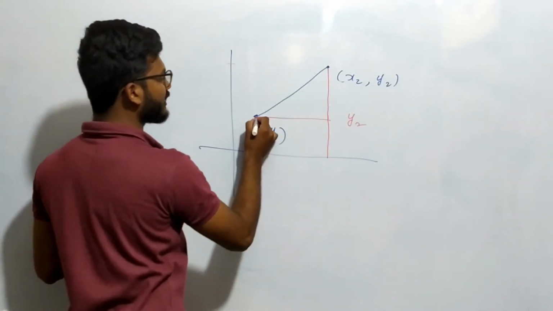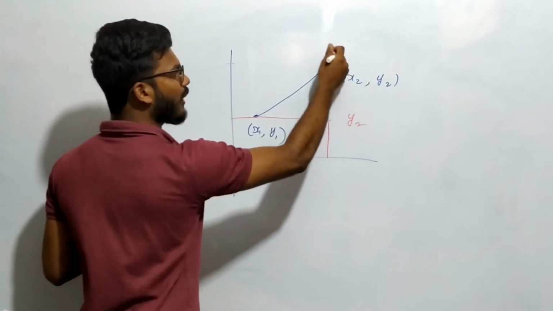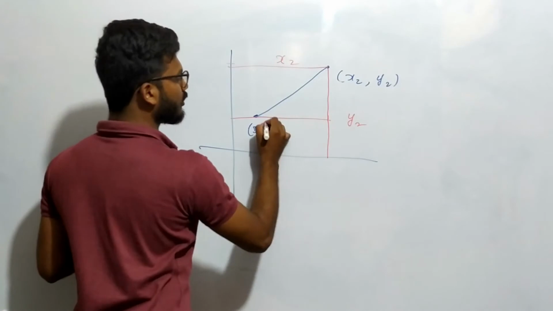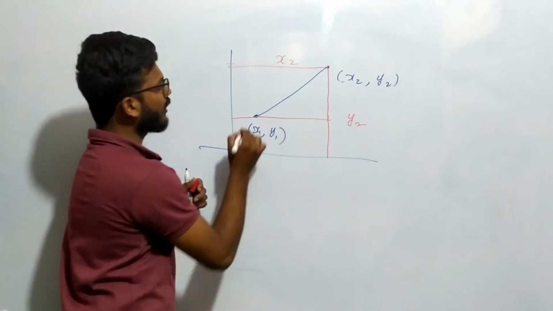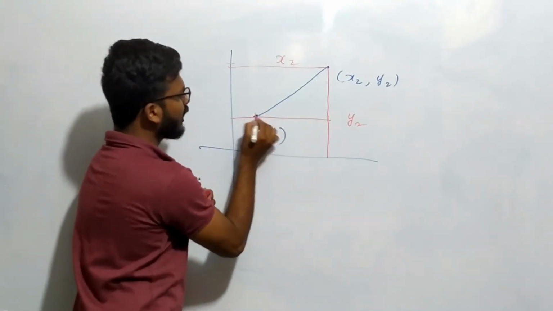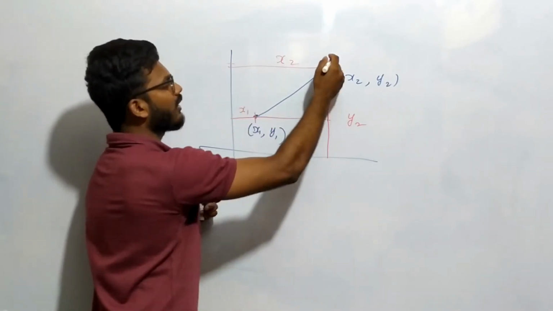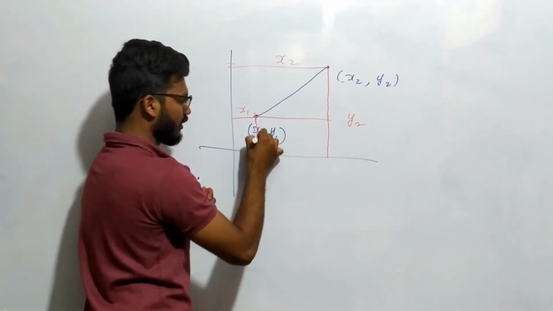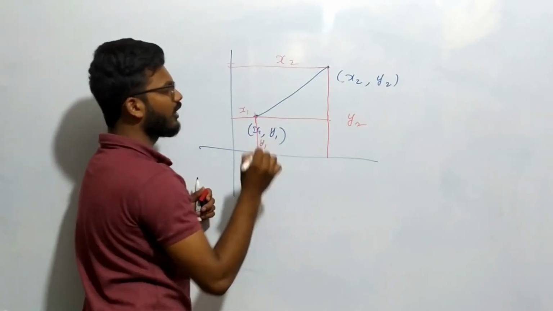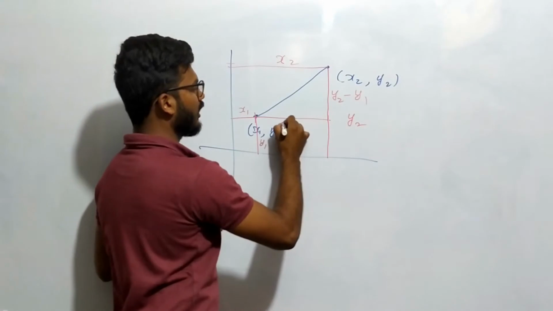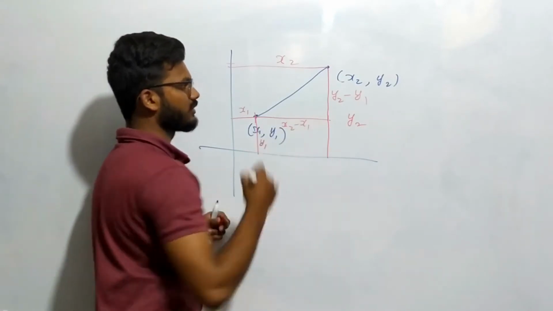In the same way, this point is x, and this total distance will be x2. And the point here is x1 comma y1. So the distance is x1, and this distance is y1. So y2 minus y1 is this distance, and x2 minus x1 is this distance.